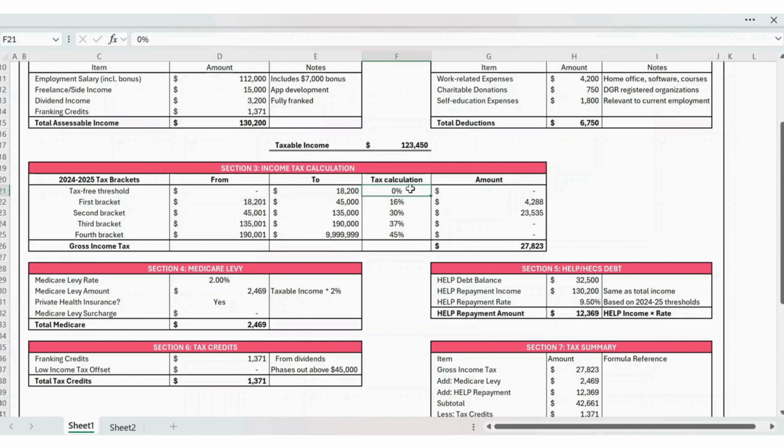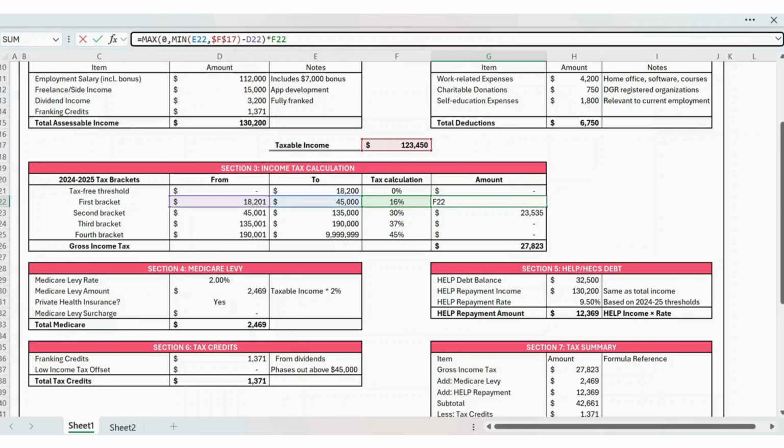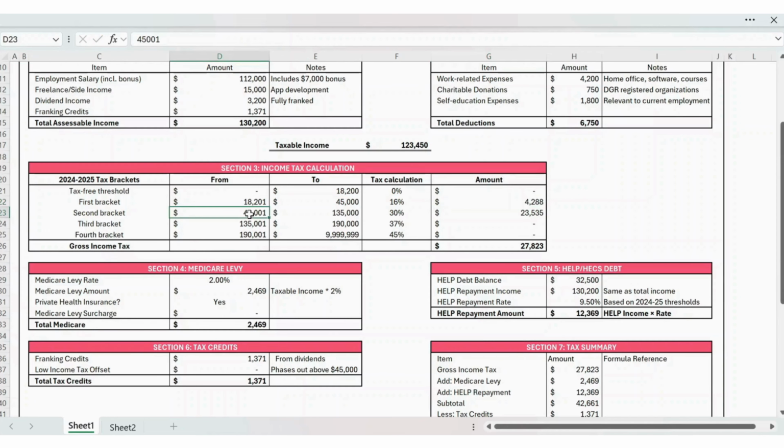Pays $0. Bracket 2, $18,201 to $45,000. Pays 16% on $26,800 equals $4,288. Bracket 3, $45,001 to $135,000.